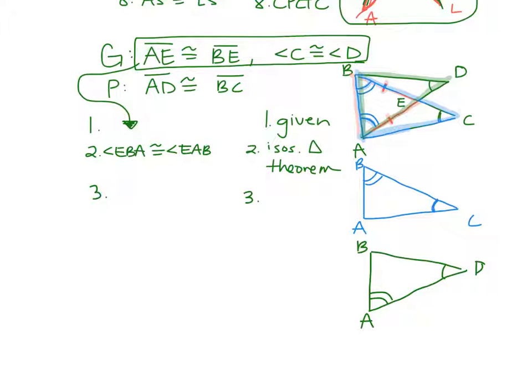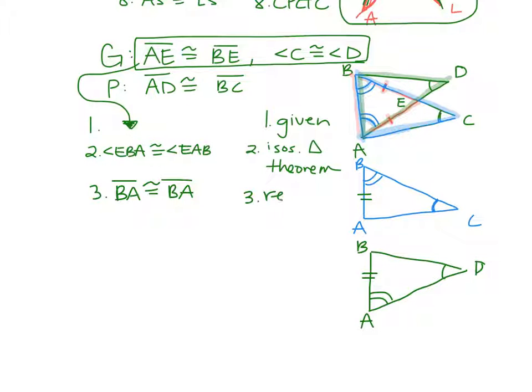The vertical angle. No. They're overlapping, right? Oh, the shared side. The shared side, which is what? BA. So we can say that BA is congruent to BA by what?